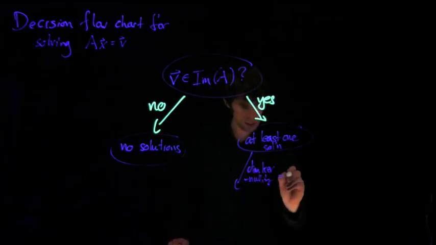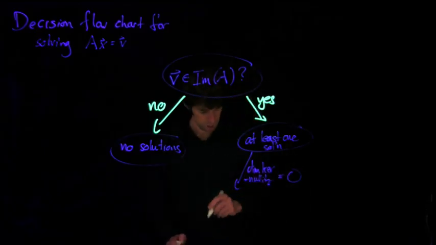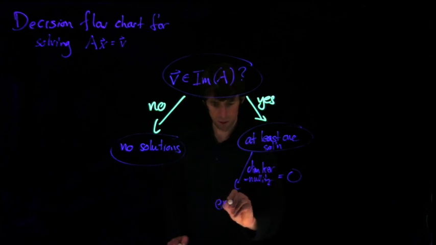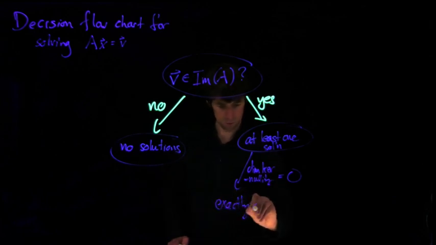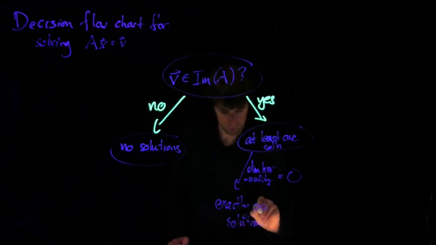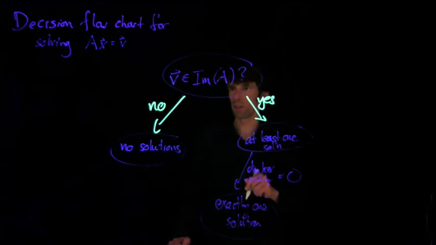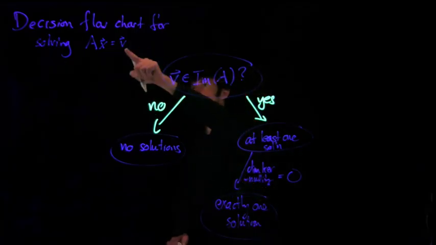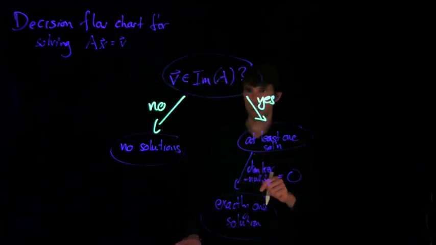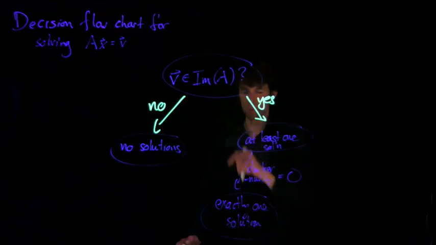And if this is equal to 0, then we have exactly one solution. There's one and only one solution to this equation, no matter what right-hand side vector v that I choose, as long as v is in the column space.